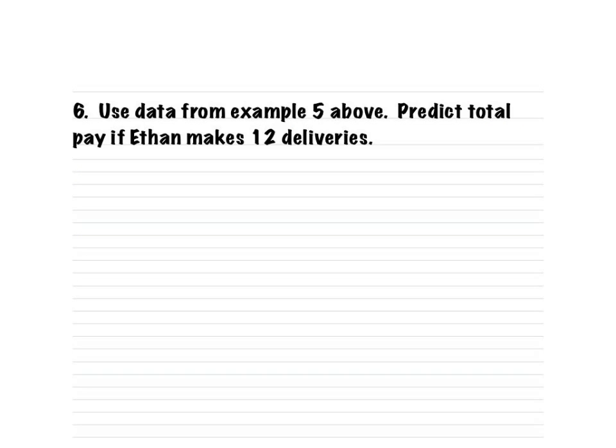Let's continue. Use data from example 5 that we just did and predict the total pay if Ethan makes 12 deliveries. So the question is asking us, what does T equal if D equals 12?